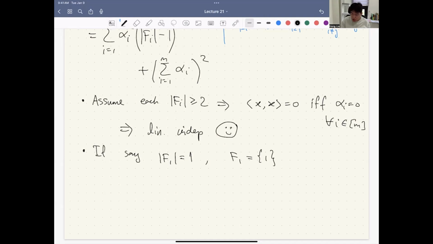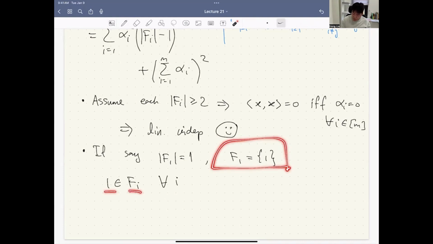So that means all other sets f_i must contain 1 for all i, first of all because every other f_i must intersect f_1 at exactly 1 element. But also, since 1 is in f_i for every i, then f_i and f_j, apart from 1, have no common elements, right?